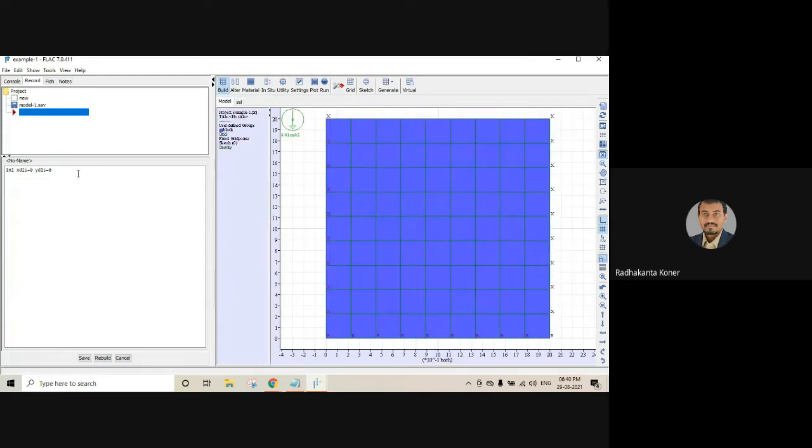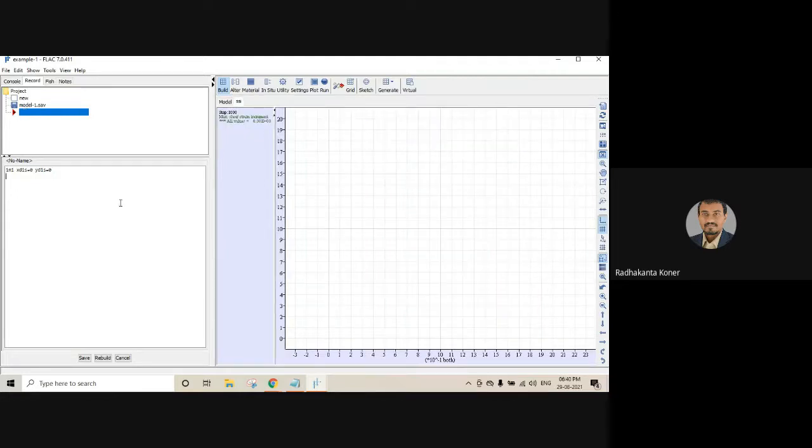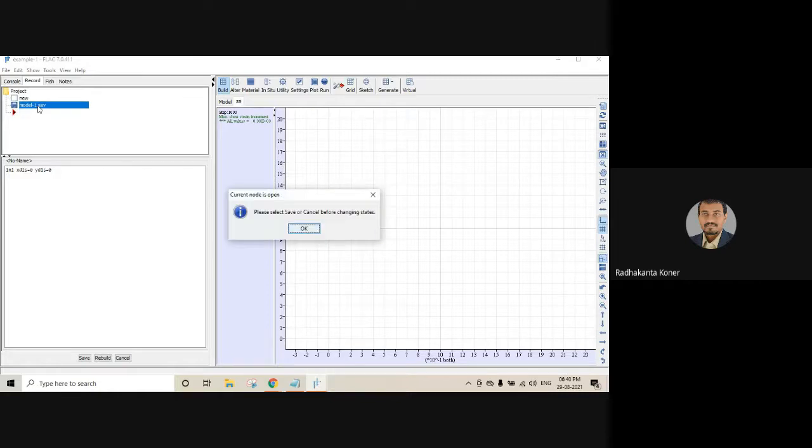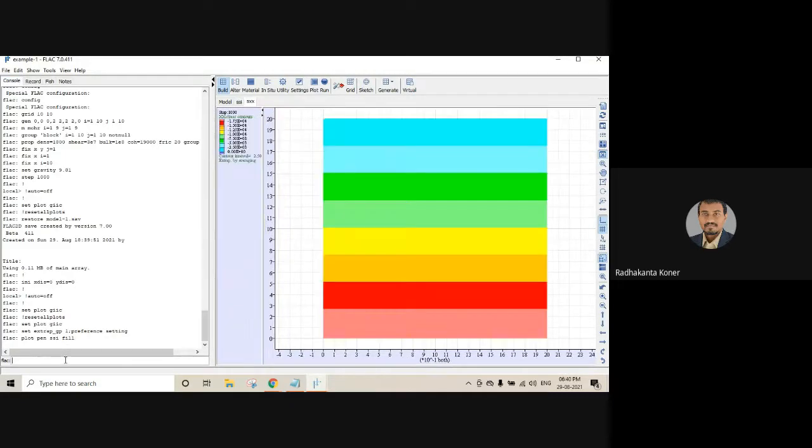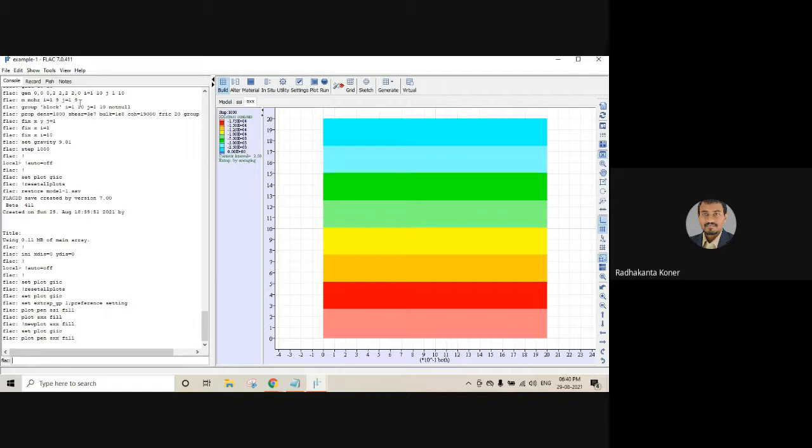Now plot the SXX. Plot SXX. The value is there.